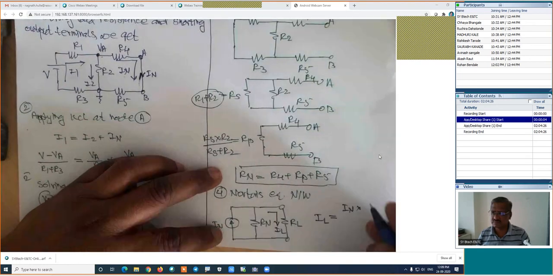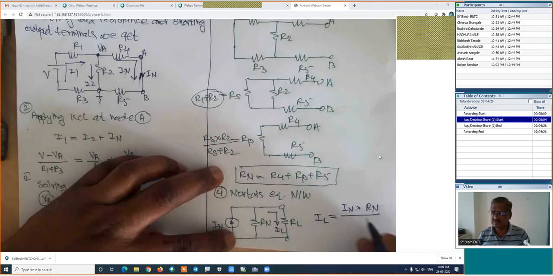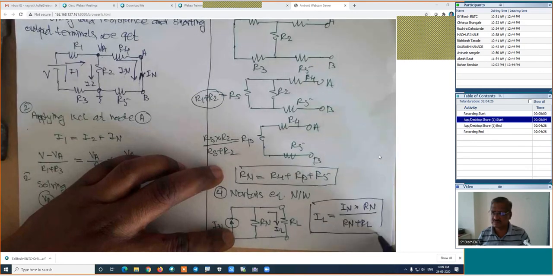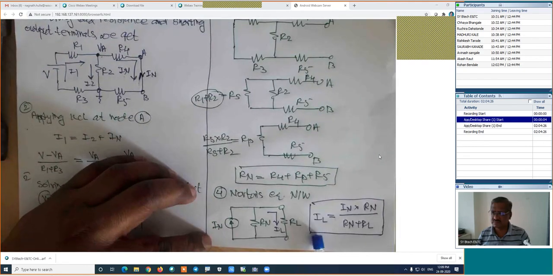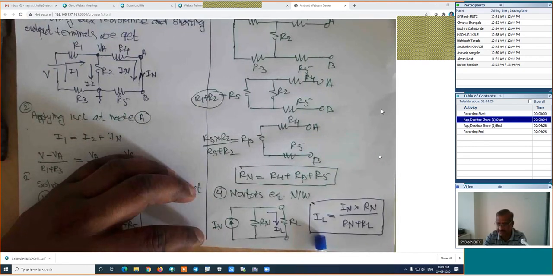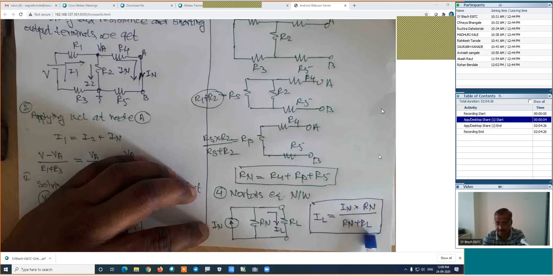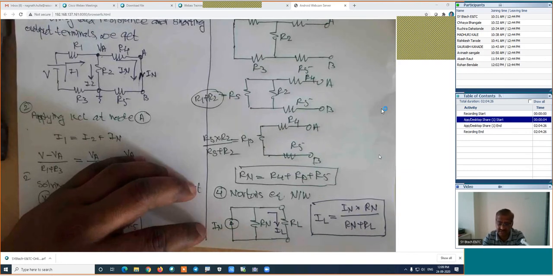In this, we are interested, which is Rn divided by the summation of both, that is Rn plus RL, which is nothing but the Norton's network. So IL is equal to IN into Rn divided by Rn plus RL. This is the formula for the calculation of the load current using this theorem, which is the Norton theorem.